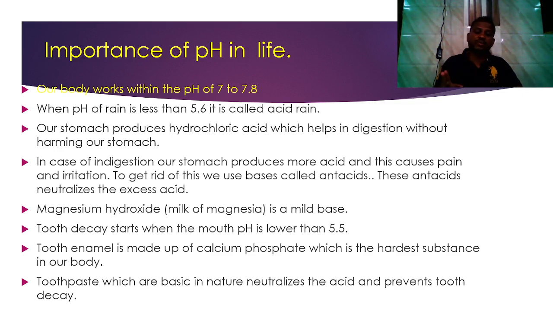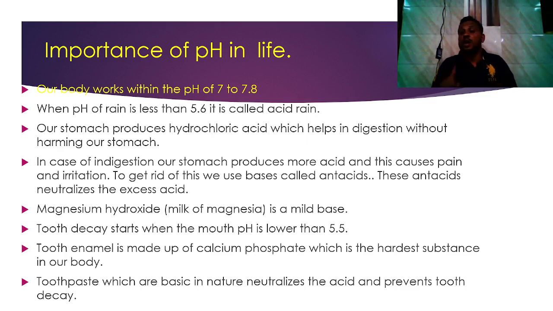To get rid of this problem, to come out of this acidic problem, we use bases as an antacid. These antacids neutralize the excess acid which is produced in our body. It means the bases reduce the acidity in our body and neutralize it.